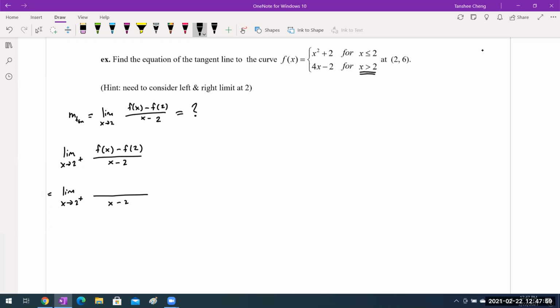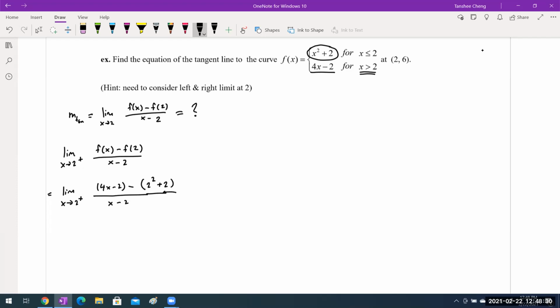This restricted domain. So we have to use this formula for the function. So that will become 4x minus 2 minus f of 2. This is the function evaluated at 2. The function can only be evaluated at 2 on the first formula. That's the part that you have to be careful about. So therefore, when we write it down, that will be 2 to the second power plus 2.